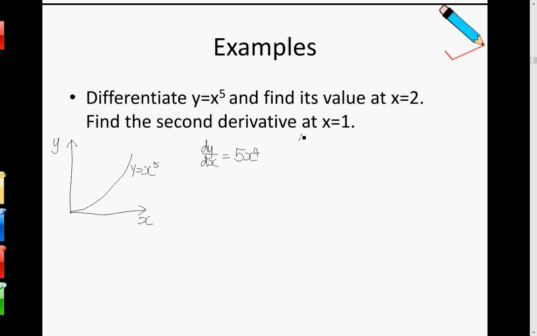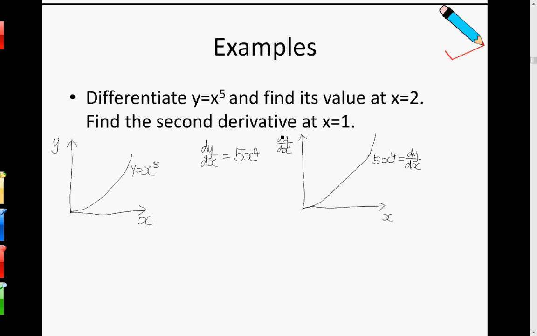Okay, so I can also plot the graph. This one is less steep, but it's still a curve. So this is 5x to the power of 4. Take note that now this axis here would be dy/dx, so this is the graph of the gradient function against x.